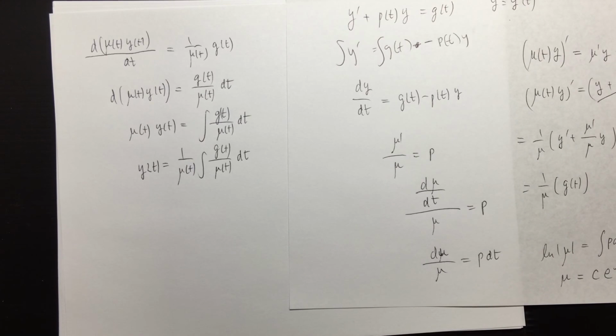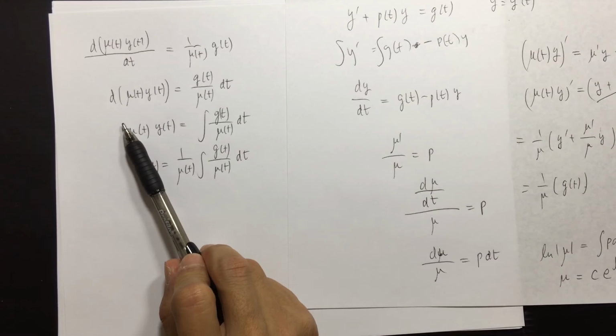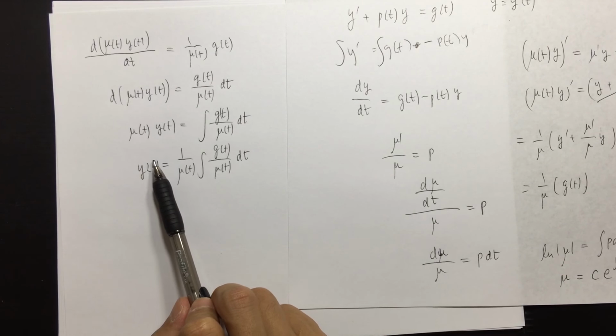In any case, this is different from what I wrote down. But anyway, let's take a look. There's something wrong here. This equals to this, and then I take the mu out, becomes this. It's g over mu. This g over mu, and then we take the integral.